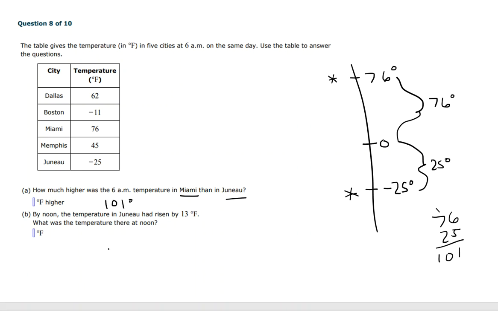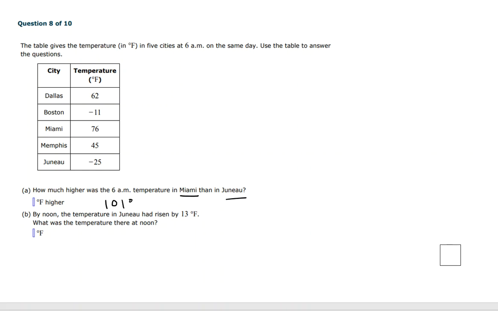Okay, the next one. By noon, the temperature in Juneau had risen by 13 degrees. What was the temperature there at noon? So for this one, let me just quickly draw another thermometer here for you. So if this is our 0, and our Juneau temperature is at negative 25, but then by noon it had risen by 13 degrees.